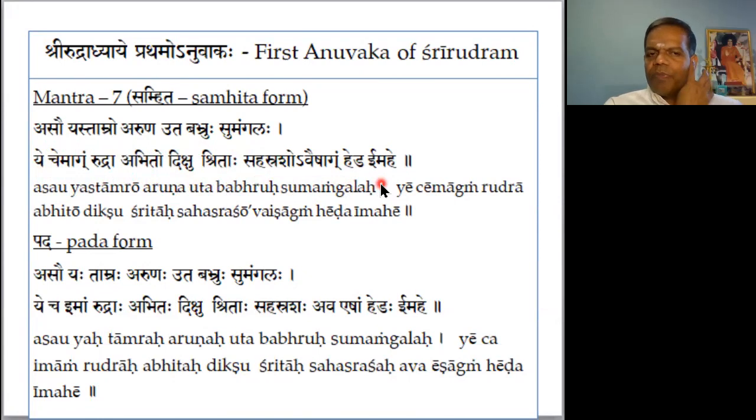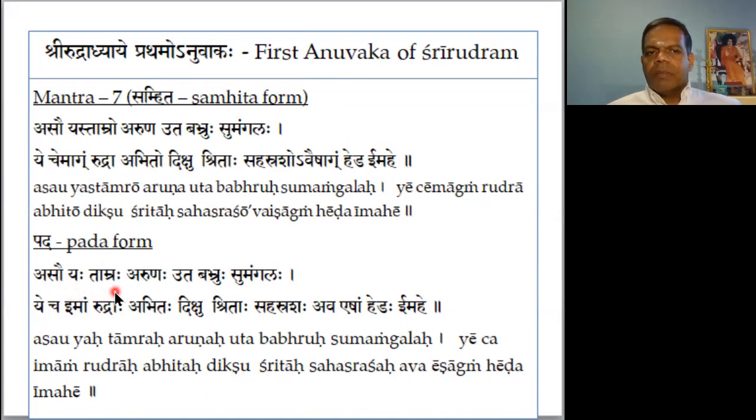This is the Samhita form without the accents. I have split it by word, pada. Asau. This Yastamro is made of two words, Yaha and Tamraha. Yaha, the Visarga becomes S, so it becomes Yastamro.